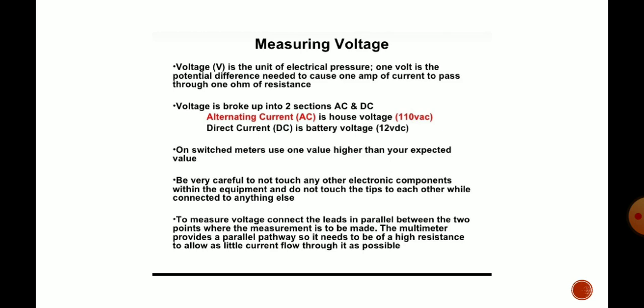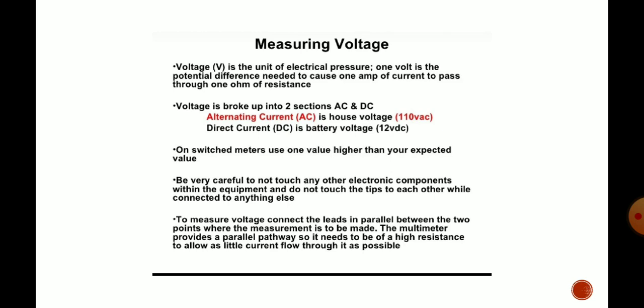On a switched meter, use one value higher than your expected value. Be very careful to not touch any other electronic component within the equipment and do not touch the tips to each other while connected to anything else.